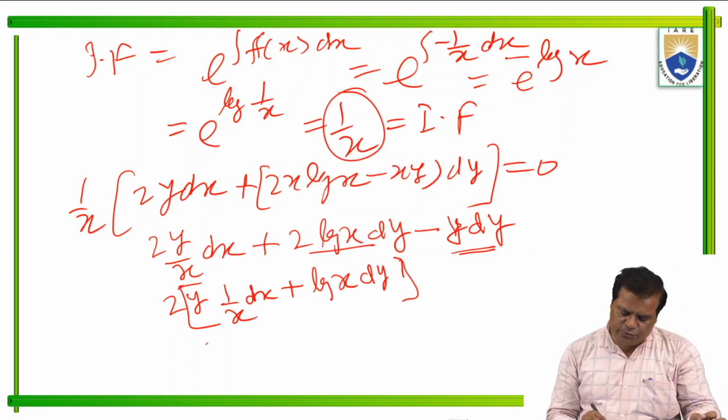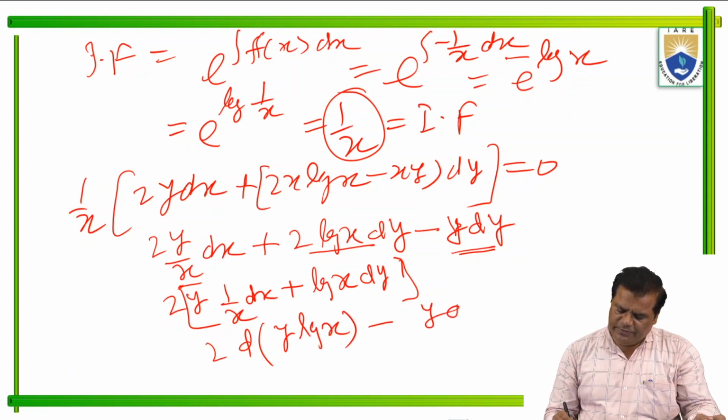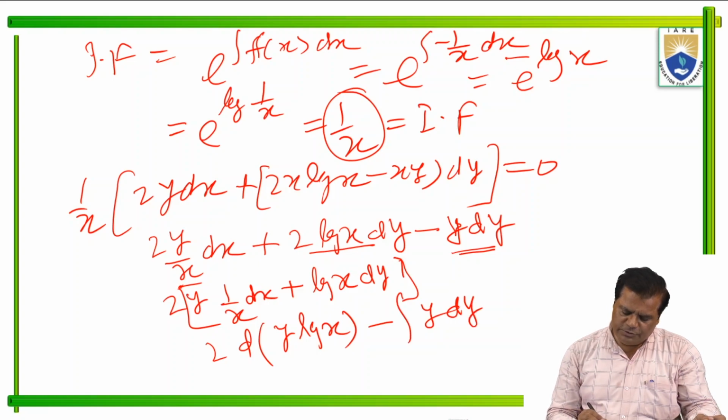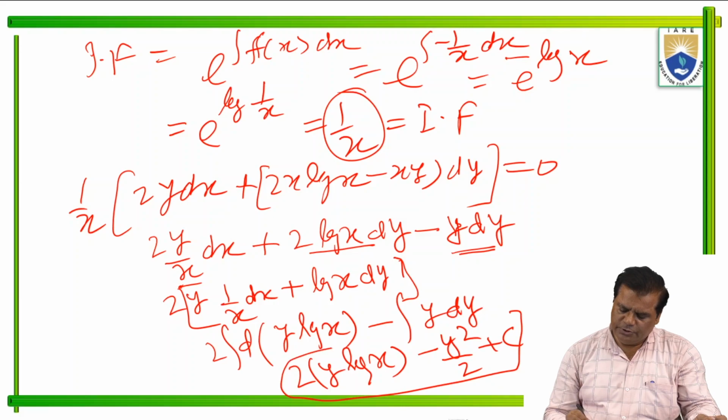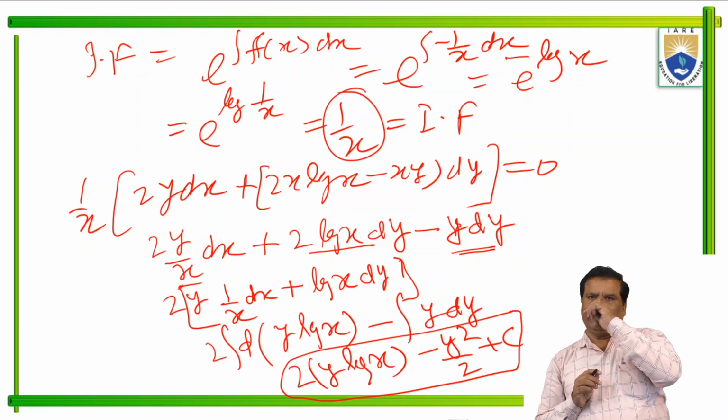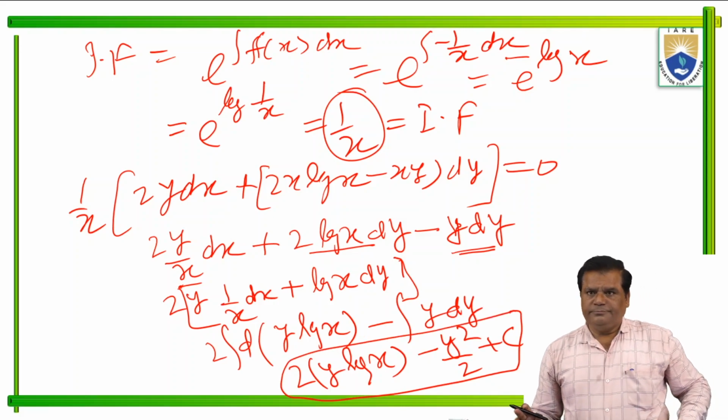Okay, this is the differential of y log x, and minus this is y dy. So integrating on both sides, this is 2y log x minus y square upon 2, plus c. This is the complete solution. Okay, is it clear?